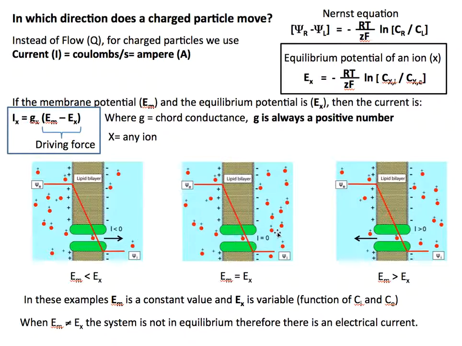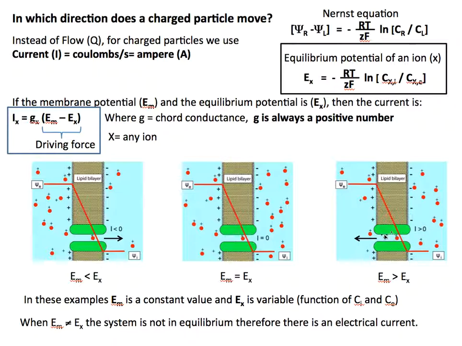That's easy. Let's look at this example. If EM is greater than EX, so the equilibrium potential is, let's say, +60, and the membrane potential is something greater than that, then it will push out positive ions. So like I said, positive ions leaving the cell is a positive current. It's just good to memorize that.